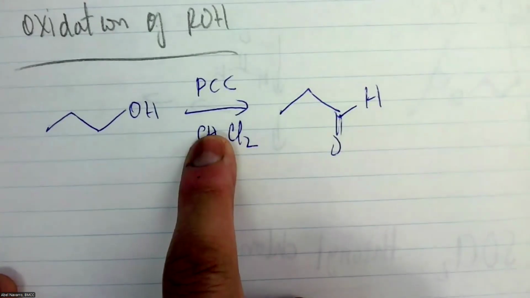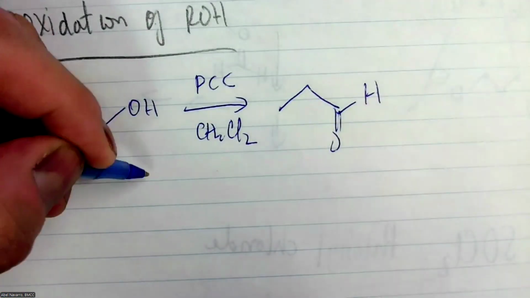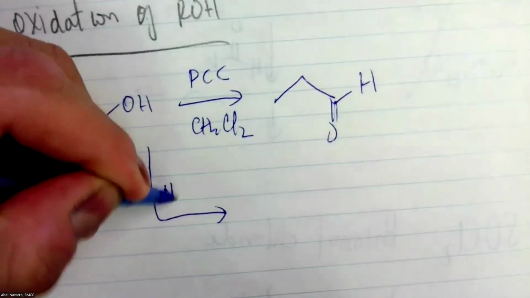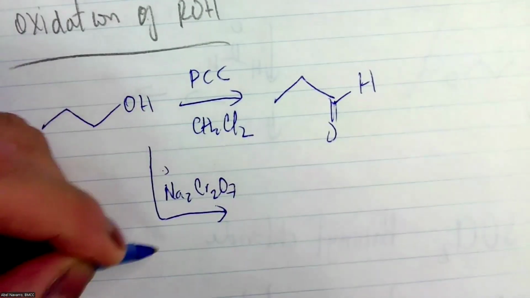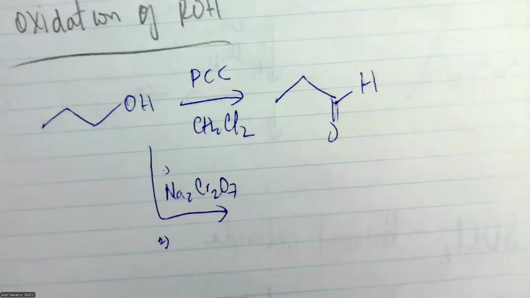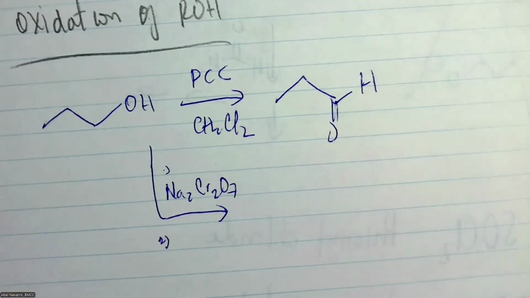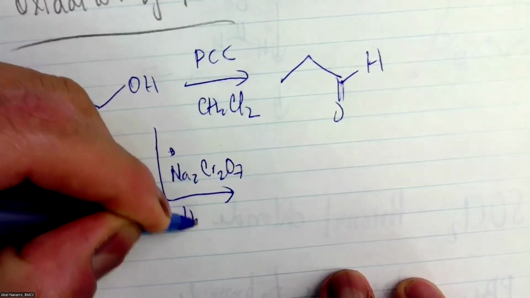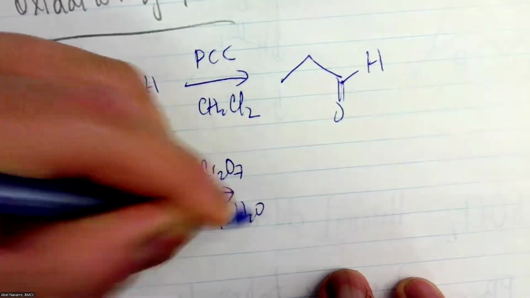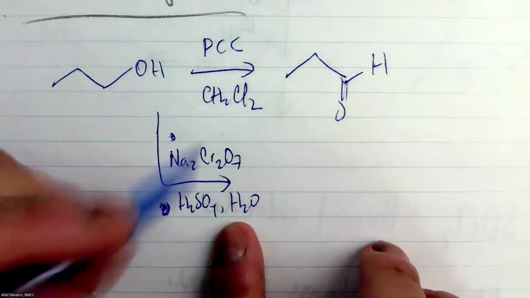Partial oxidation with PCC. What happens if I have the same, but I use sodium dichromate? I think they use acid. Let me see. Do they use acid? I think so, right? Yeah, sulfuric acid and water. It's oxidizing.